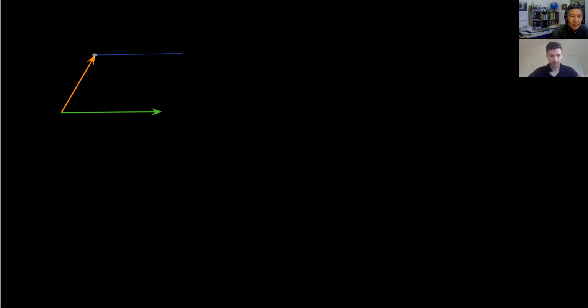Okay, that's the parallelogram. The sum will be this. That is a basic. Okay, that's better.